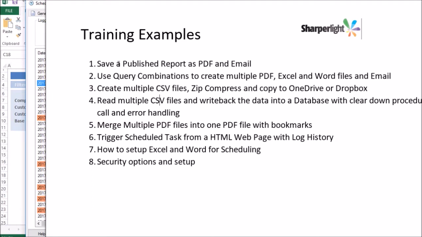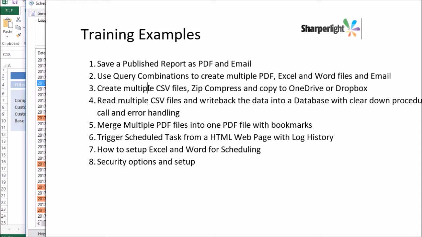Okay, let's have a look at the examples we've prepared for this video. The first example will start off with a simple report that we save as PDF and attach to an email. Then we'll move on to a more complex scenario, which is the one that I just showed you previously, where a query is used to generate combinations, and these combinations repeat all the actions in the task, passing parameters.